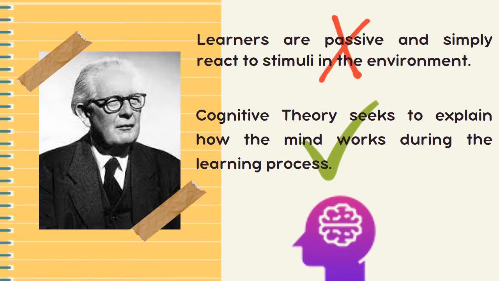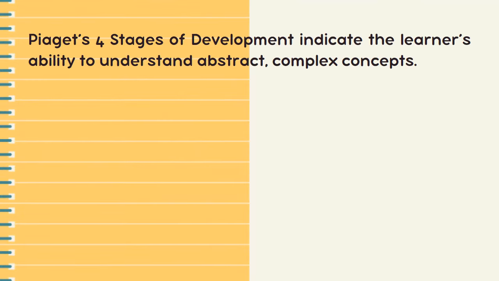Like a computer, the mind takes in information, processes that information, and then uses that information to produce learning outcomes. Piaget's four stages of development indicate the learner's ability to understand abstract complex concepts.